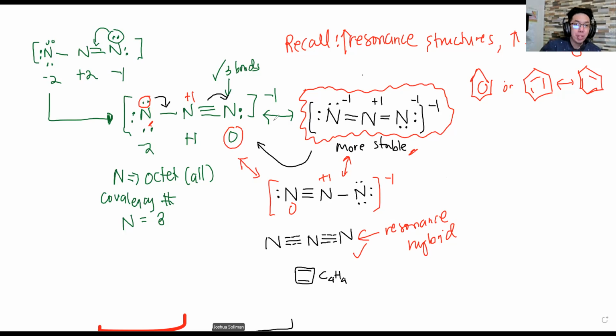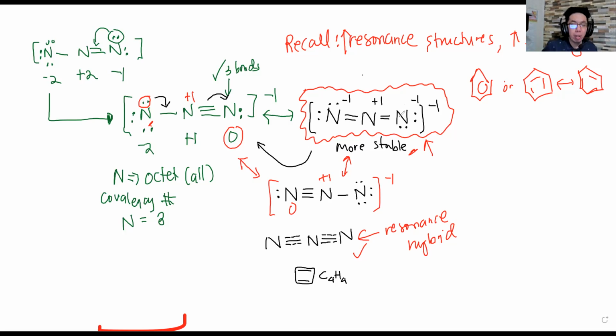So remember, Joshua, you're creating a resonance hybrid structure if and only if you have equal contributions for resonance structures. Equal ba yung contributions nila? Of course, hindi. Kasi we're pinpointing here na this one is more stable, right?